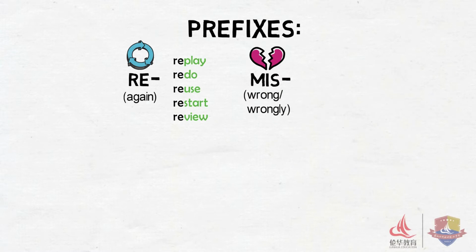For words, we have misuse, or to use something in the wrong way, to misplace, or to put something in the wrong place, or rather to put it somewhere and forget where you put it. That happens to me a lot sometimes. Misspell, or to spell a word in the wrong way, mistake, or to do something wrong, and misbehave, which is to behave or act in the wrong way according to the rules.